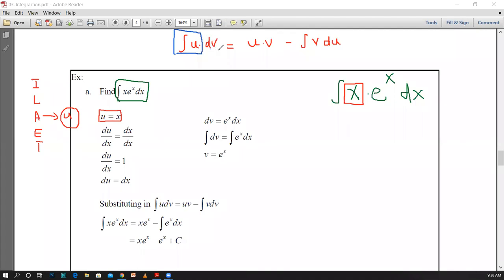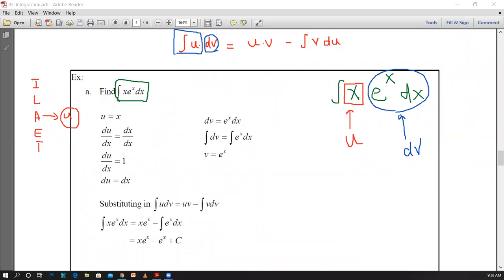The remaining would be dv. Therefore, the remaining part, e to the power x dx, can be considered as dv. Including the dx term, you have to consider it for dv. Then you can write them separately.